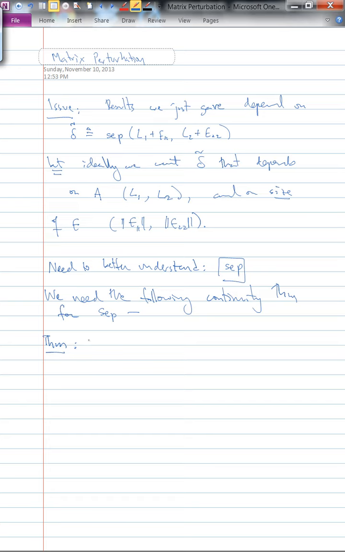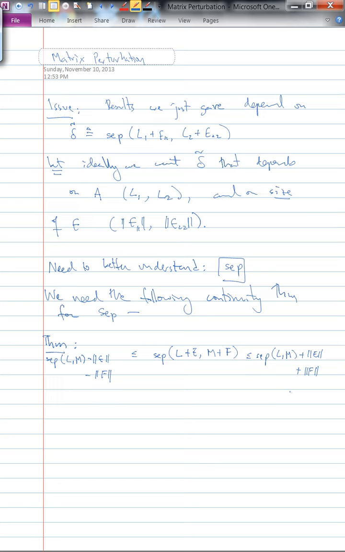It simply says that the quantity is bounded below by the separation of Lm minus E minus F, and it's bounded above by the separation of Lm plus E plus F. And this is true for any consistent norm.